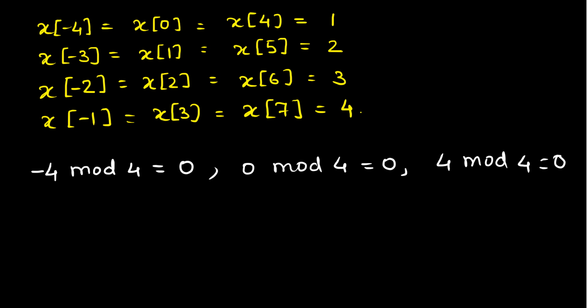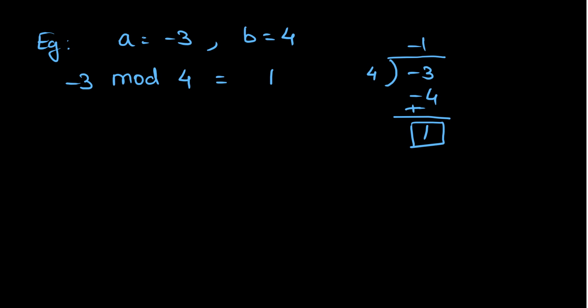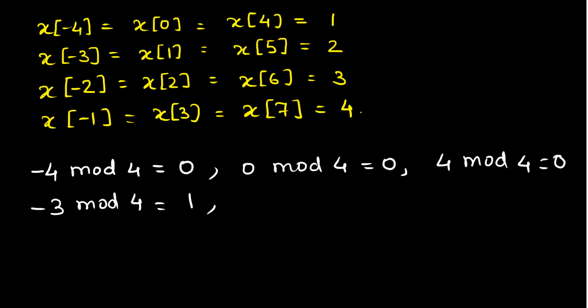Similarly, if we consider the value of minus 3 mod 4, we had found it as equal to 1 in the example here. So minus 3 mod 4 is equal to 1. If we divide 1 by 4, we get the remainder 1, and if we divide 5 by 4, we again get the remainder 1.